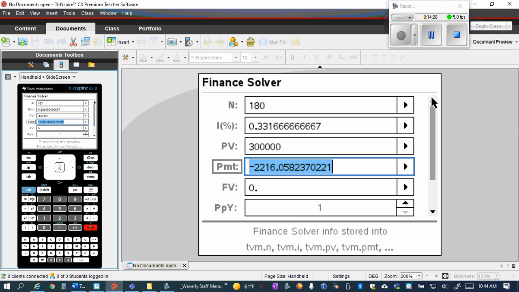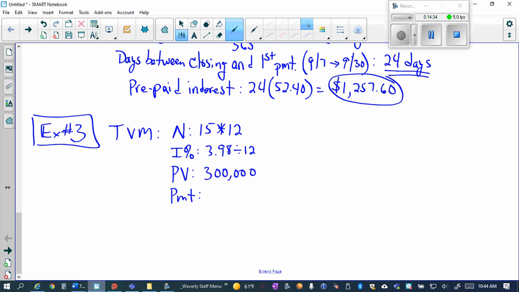Because that's money going away from you. So 2216.06. So let's go back. Our payment will be 2216.06. Right? And that payment will not change over the life of the loan. Okay, this is a fixed rate loan, not an adjustable, right?